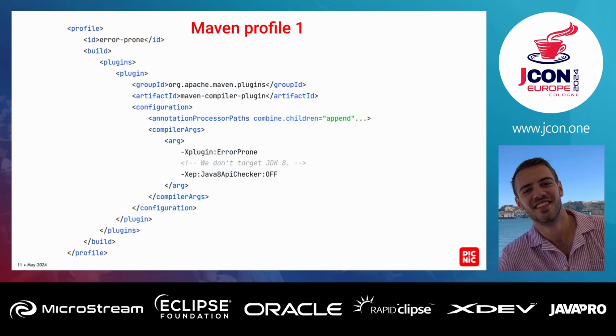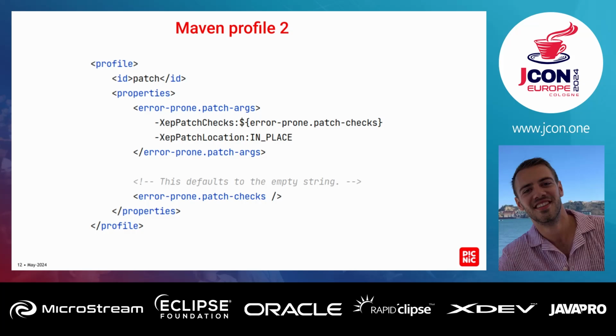Another profile that we are going to use is the patch profile. First we say, okay, our build, add Error Prone, and the next one is run Error Prone in patch mode. How do we configure it? Here we can specify which checks we want to run. Maybe even only one check, or you want to run all checks on our code base. And then a very important part is the patch location.